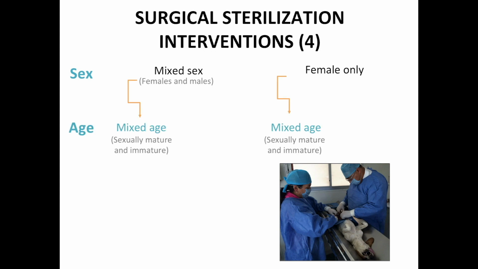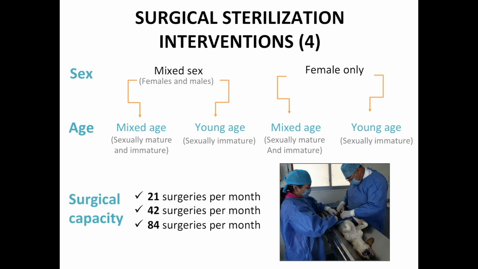And based on age, there were 2 categories: mixed age, which included both sexually mature and sexually immature dogs, and a young age category, which included only sexually immature dogs. We examined 3 levels of surgical capacity: 21, 42, and 84 surgeries per month. So basically, we double and quadruple the number of surgeries.